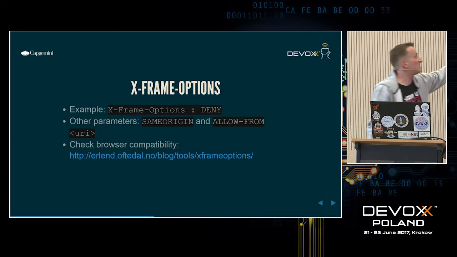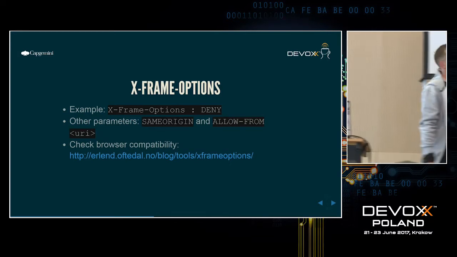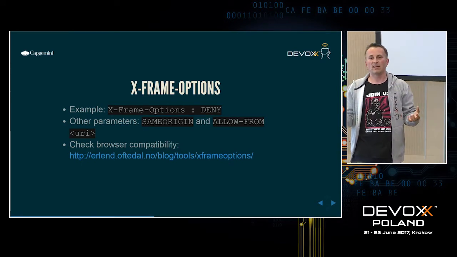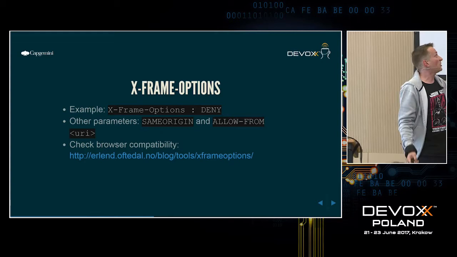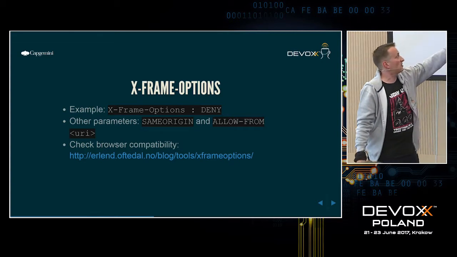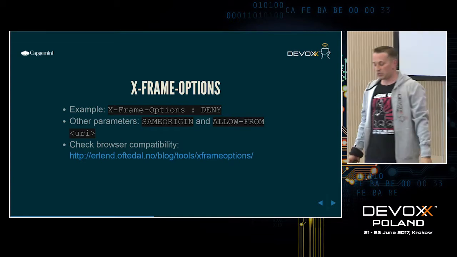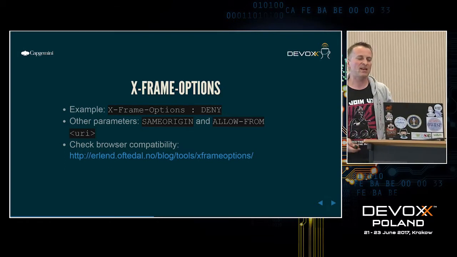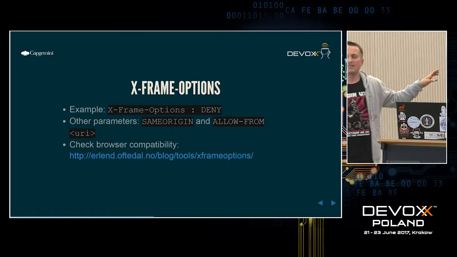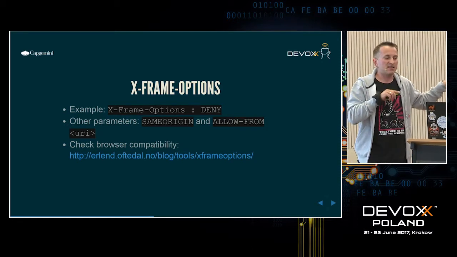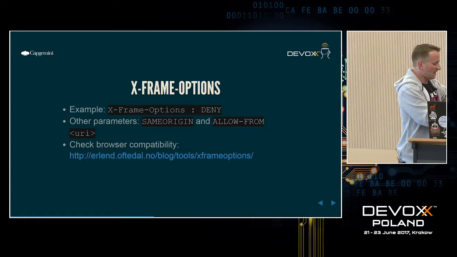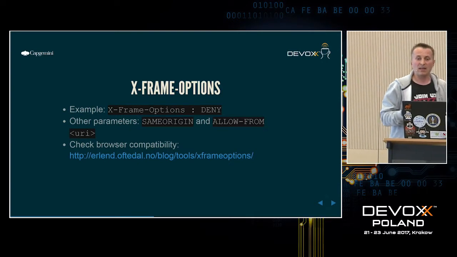So you put this header, you say deny, and suddenly your page cannot appear in an iframe anywhere. There are other options like saying same origin or allow-from, which you can use to give a bit more freedom. And X-Frame-Options is an old header. CSP, content security policy, can do this whole thing better, which we will see in a moment.